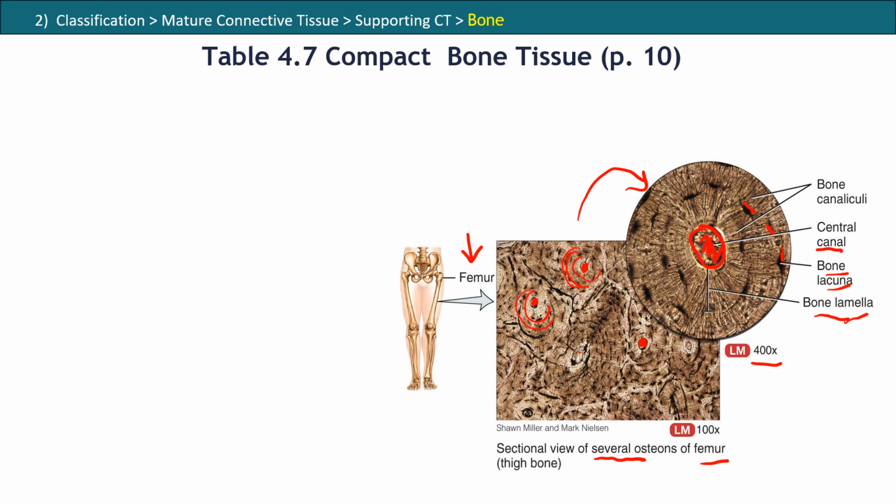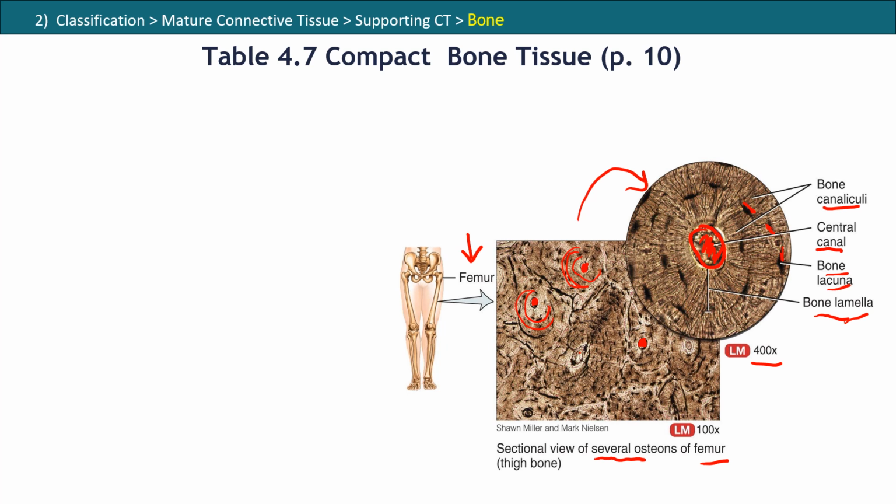The bone lamella, that is the specialized extracellular matrix that has been calcified. And of course the bone canaliculi, that is responsible for the influx of nutrients and the removal of waste products.